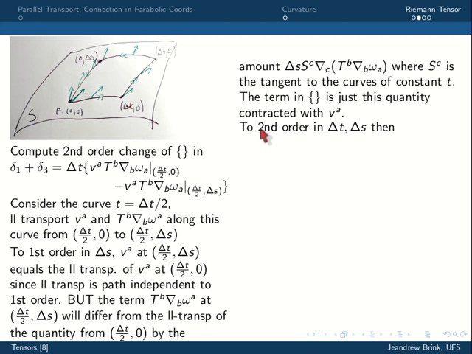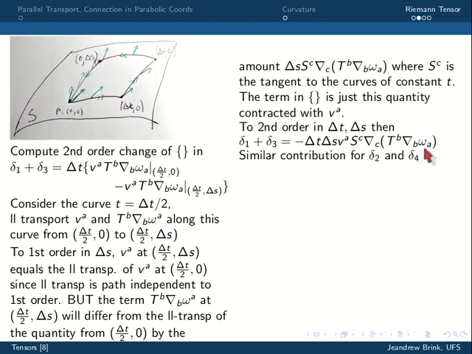Okay, so in second order in delta T and delta S, what you then have is that this change in path is equal to delta T delta S V A, the tangent to the constant S curves, basically the parallel transport along the S curves contracted with a parallel transport along the T curve of omega A. And you have a similar condition for delta 2 and delta 4.